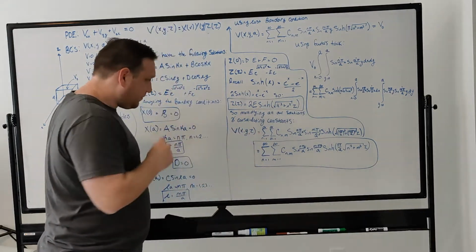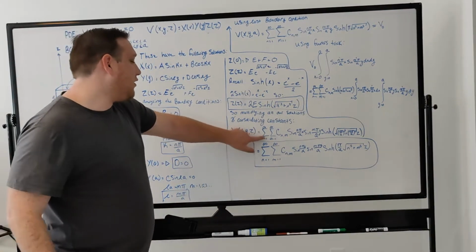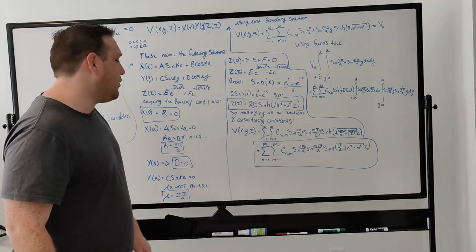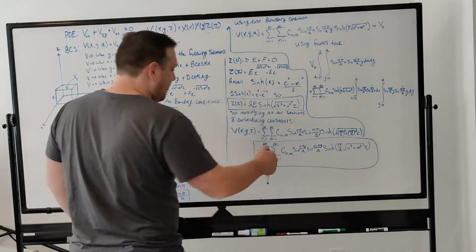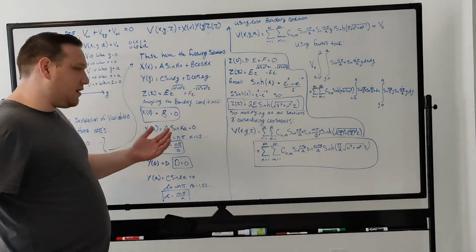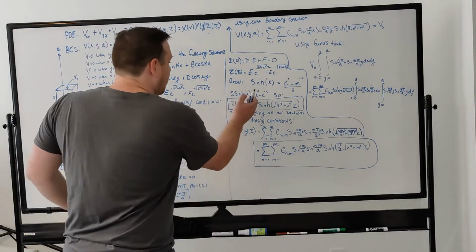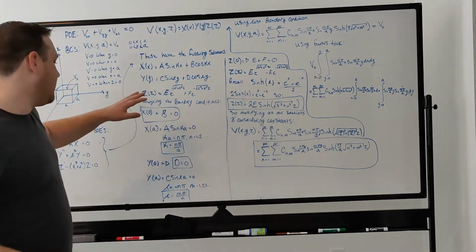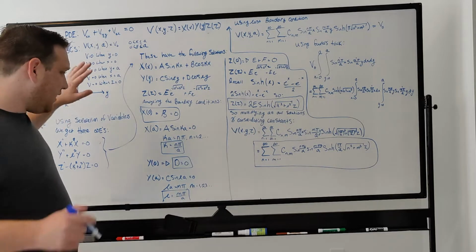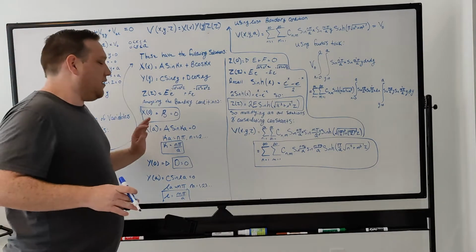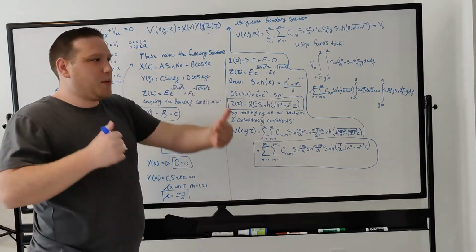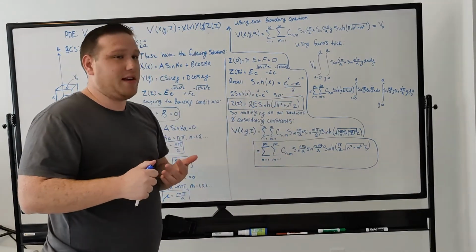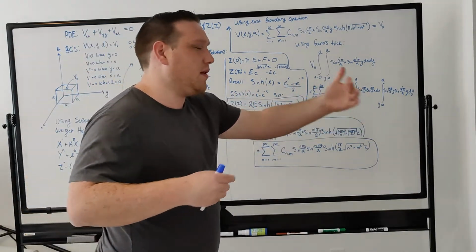So we have our two summations over n and m from 1 to infinity, and a constant, which is all the constants from the other equations combined together. And when we take a superposition of these solutions, there's going to be a coefficient term for each term in the superposition.